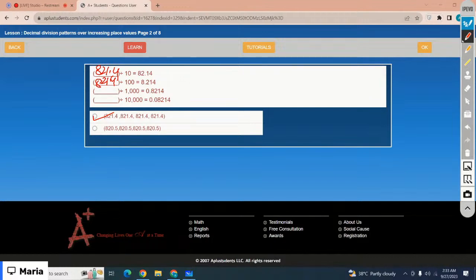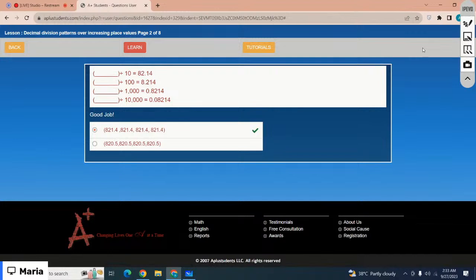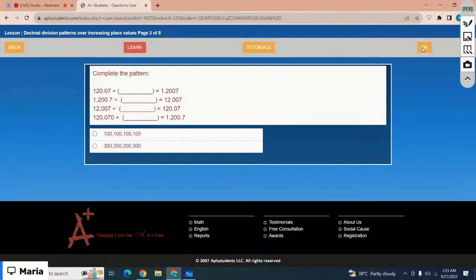So that is option number 1. Okay, complete the pattern. 120.07 divided by what number equals 1.2007?